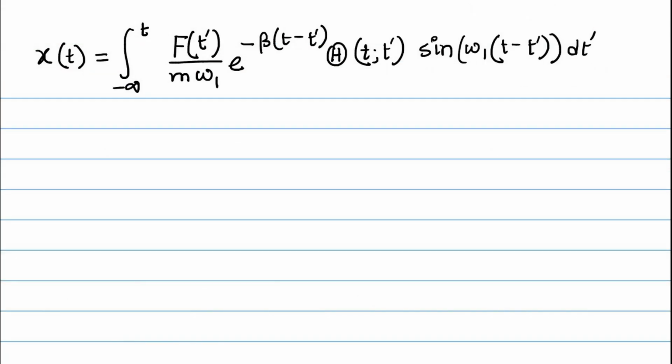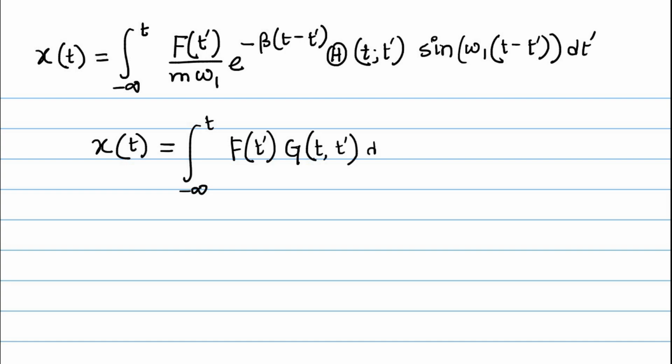Now we recall the definition of Green's function. So we have x of t equals the integral from negative infinity to t of f of t prime, where f is the source, then the Green's function G(t, t prime) dt prime. So if we compare, then we finally find the explicit expression for the Green's function G(t, t prime). We could have also written t minus t prime.